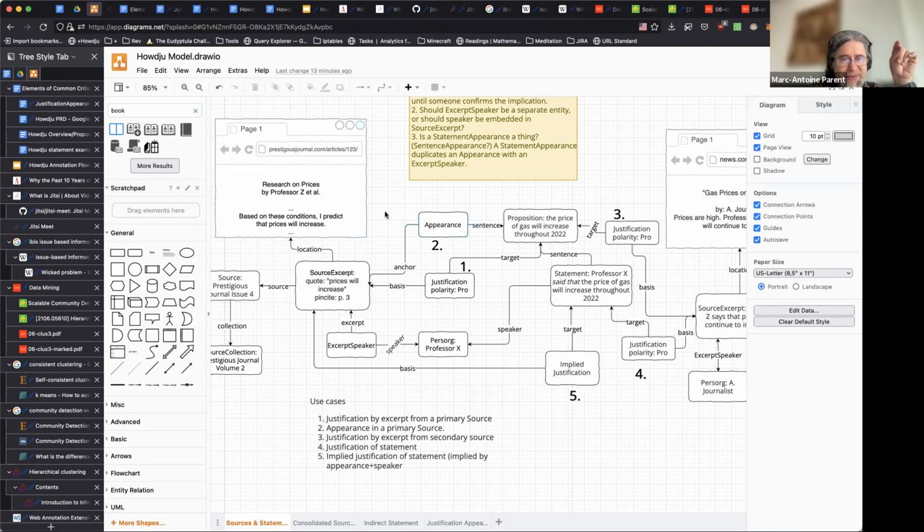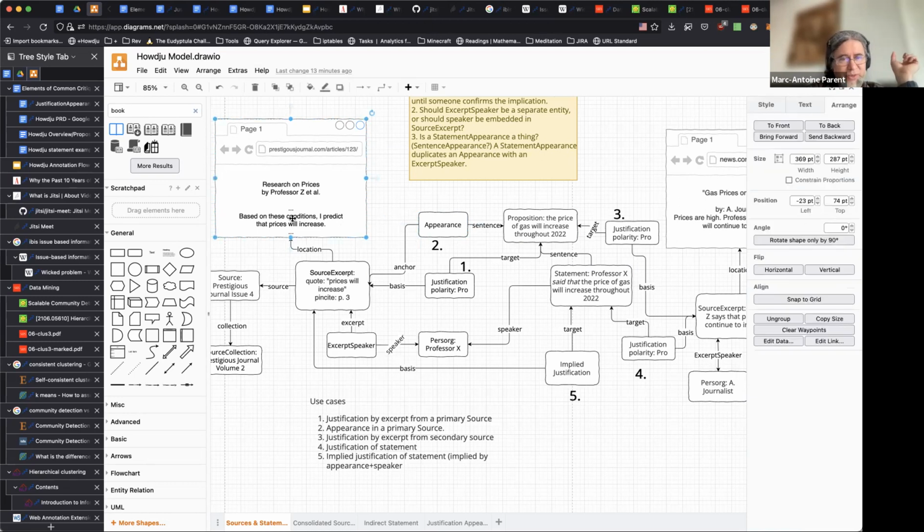What I'm saying is, well, sorry, I'm going from your diagram because that's what I have in front of me. But what I'm saying is, if you have a sentence like, based on these conditions, I, Professor Z, predict that prices will increase, you really have three claims there, three appearances. You have the claim that I believe these conditions avail. I believe, and there can be many claims in there, I believe prices will increase, and I believe those are connected.